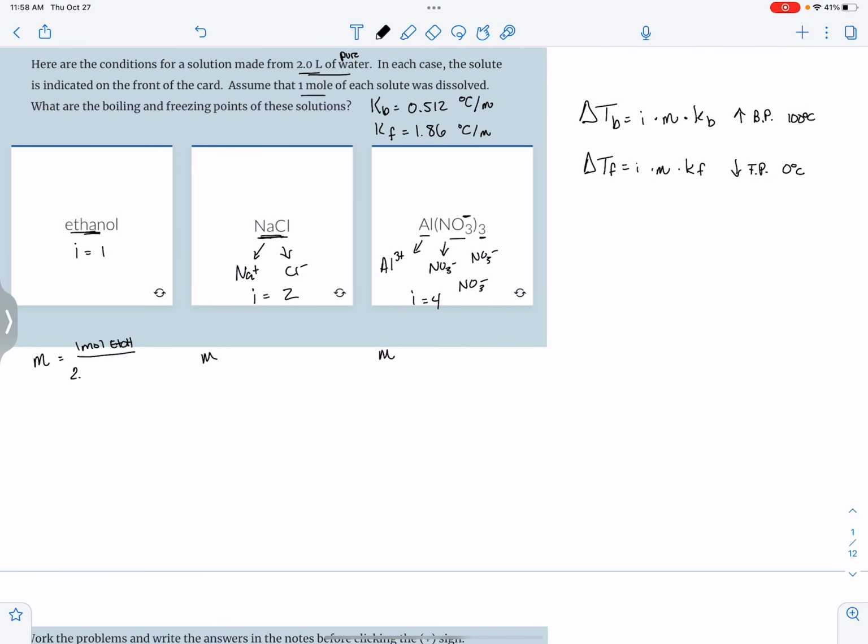So we're going to say 2.0 liters times, in 1 liter, there is 1,000 milliliters, and in 1 milliliter there is 1 gram of this. That's the density of water, 1 gram per milliliter. But look, the answer is supposed to be in kilograms, so hang in there.